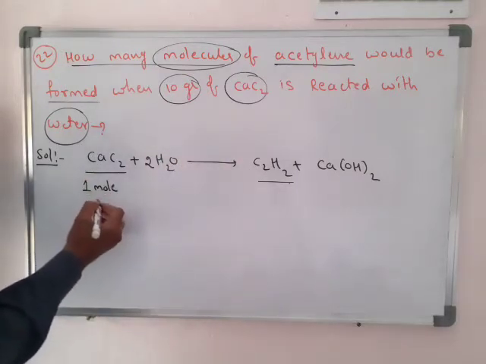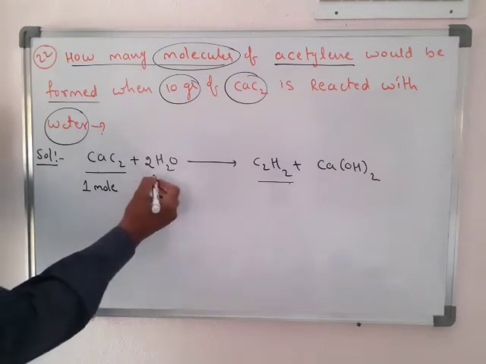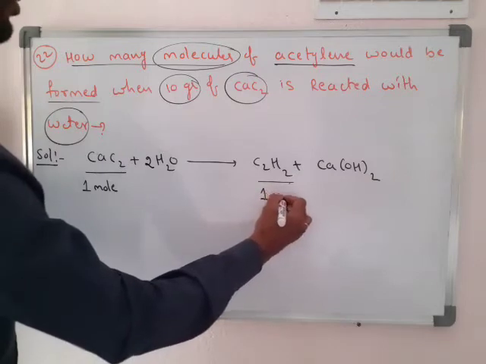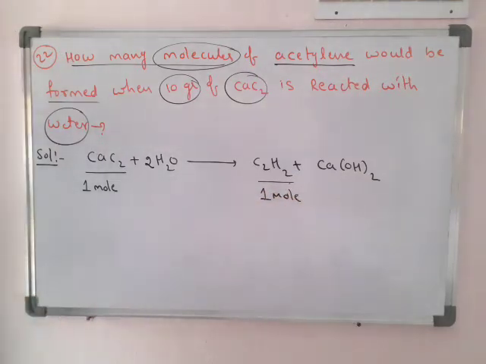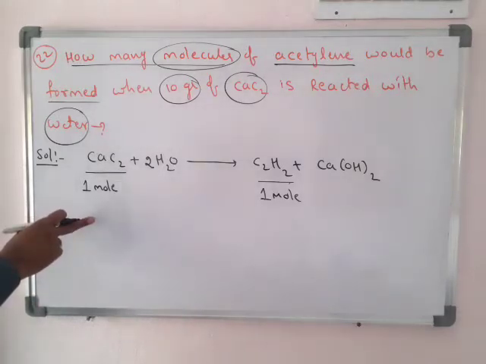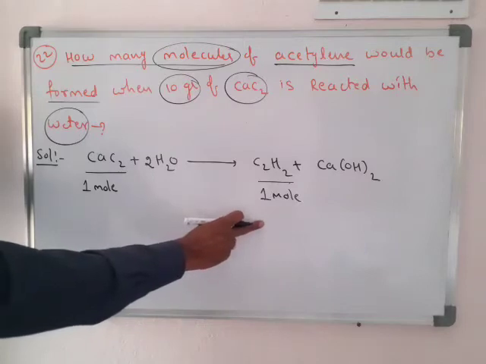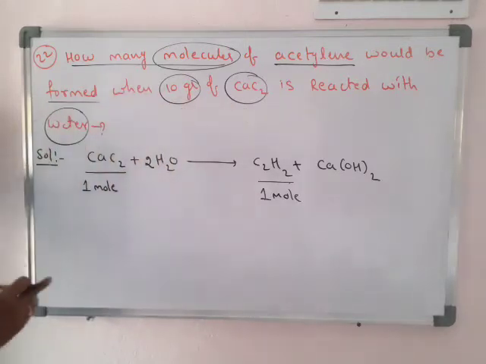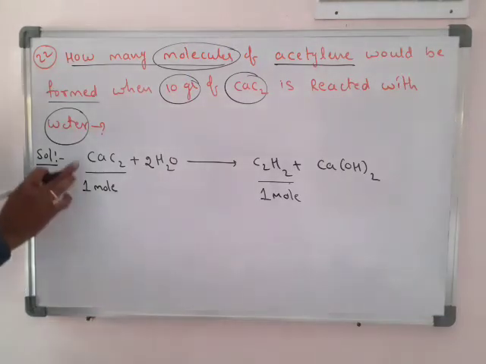So 1 mole of calcium carbide with water forms 1 mole of acetylene, so they are in a 1:1 ratio. But calcium carbide is given in grams, so convert this 1 mole in terms of grams.